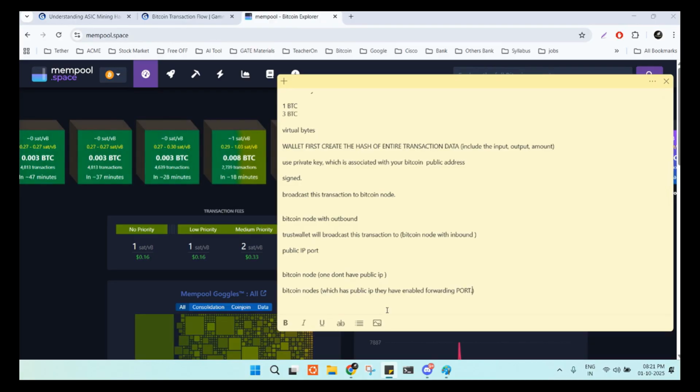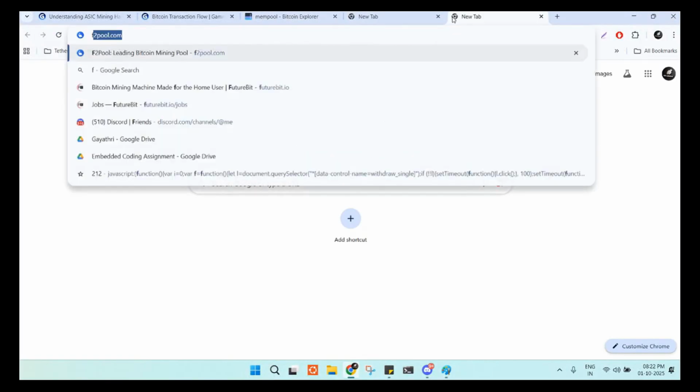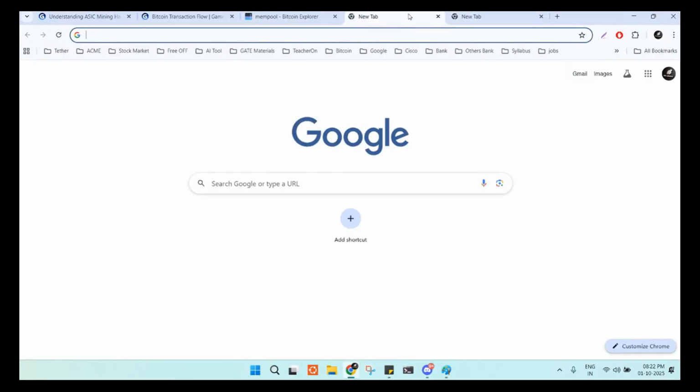Now, for non-technical students, I will tell you how things are happening. Think like this: I'm using WhatsApp in this tab and Facebook in this tab. These two tabs are running on the same IP address, agree?